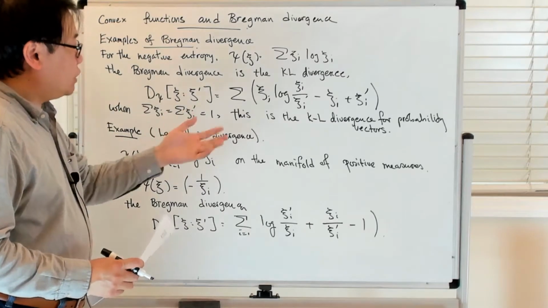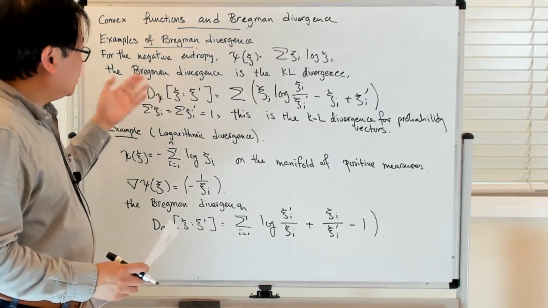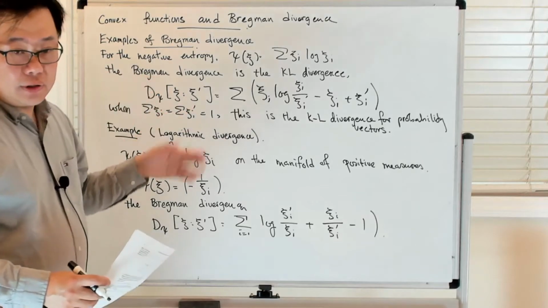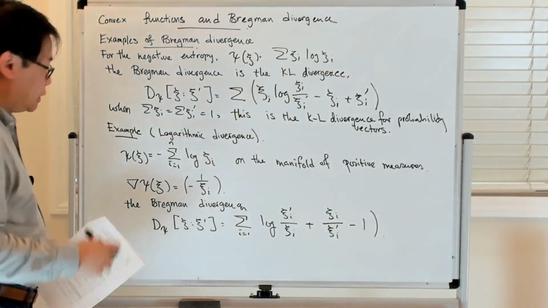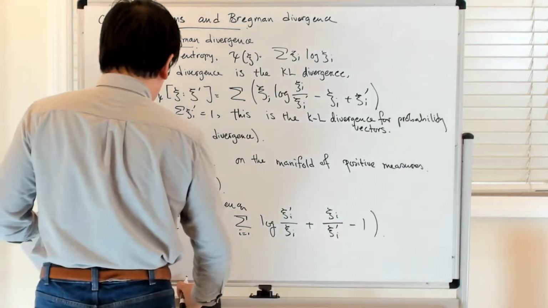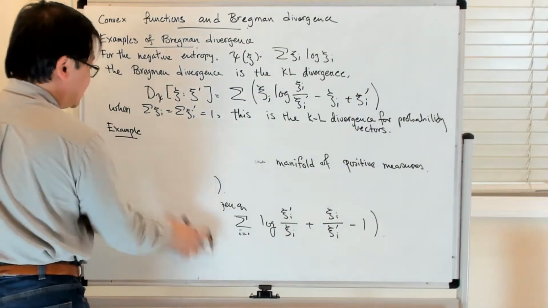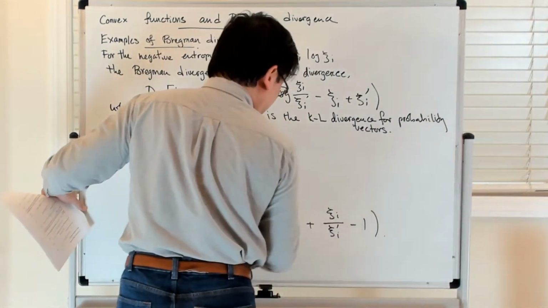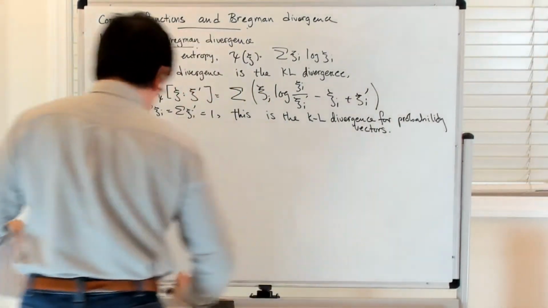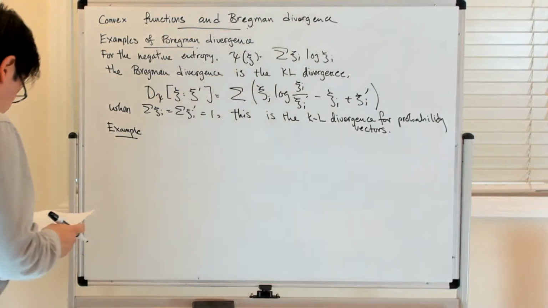And then the metric that this KL divergence encodes is the Fisher-Rao metric. Okay, so that's some nice connections between many interesting objects in statistics and information theory.